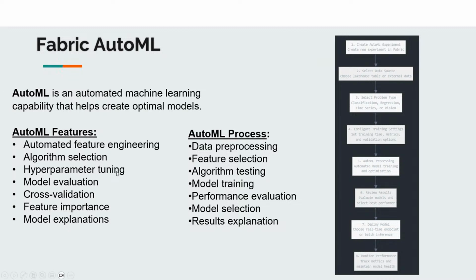Hyperparameter tuning is similar: all the little things around the model, being able to adjust those automatically. It evaluates the model and validates its accuracy, and tells you how important each one of those features it creates is, because some things will be more predictive than others. And then there are model explanations along with it, so you have the interpretability to know how it's making its predictions.